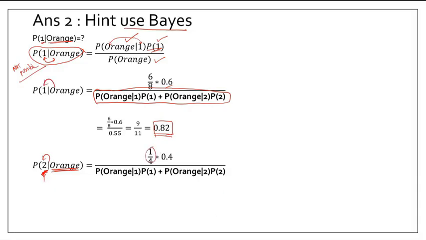So by substituting proper values here, that is probability of orange given container 2 into probability of 2 divided by probability of orange. So this is going to be calculated like this. Probability of orange given 2 is 1 by 4, since there is only one orange in 4 fruits of container 2, multiplied by 0.4, that is the chance of container 2, divided by probability of orange.